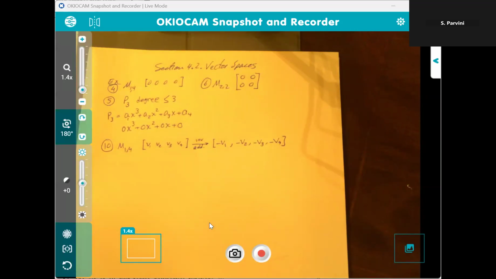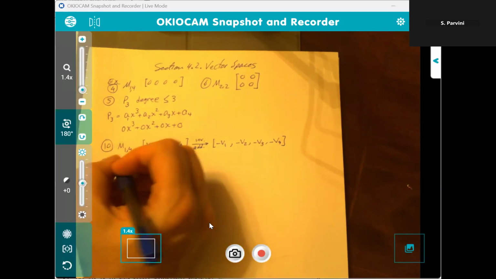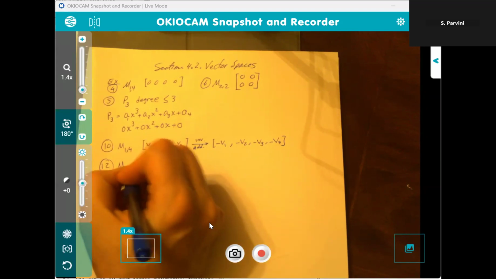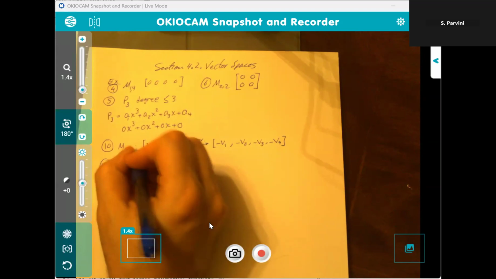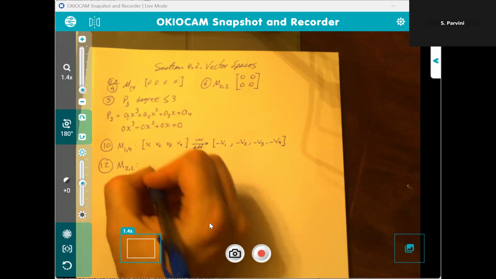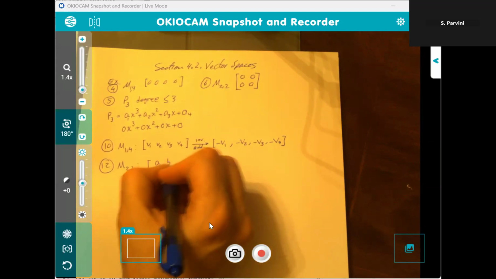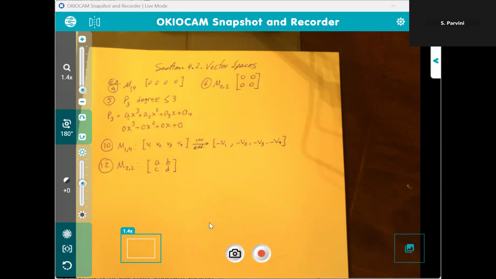That's additive inverse. So if we have, let's say, in number 12, we have M2, 2. You want to find the additive inverse of all square matrices of size 2, order 2. So this is what the matrix in general looks like, right? A 2 by 2 matrix.